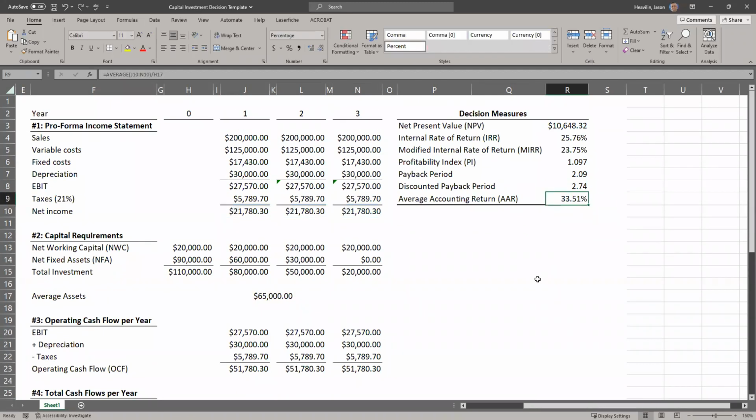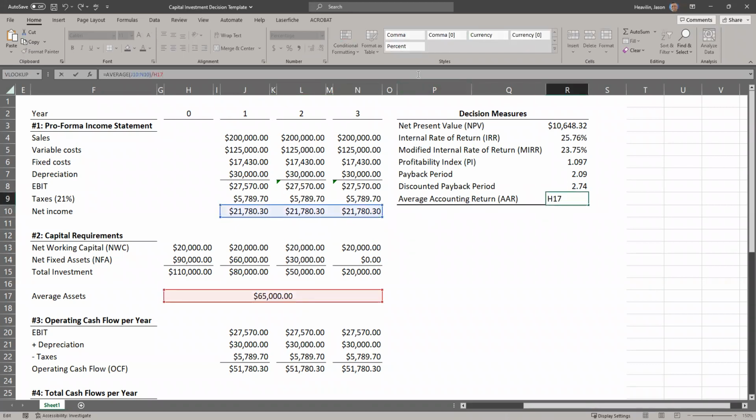And that's 33.51%. Now, just so you know, the average net income in this case would be the same number because the net income didn't change every year. So you could just grab one of them. However, if these were different, yes, you must follow that step of the average net income.